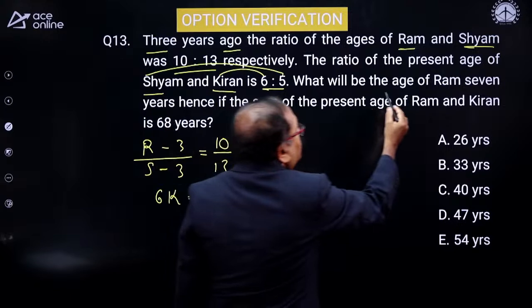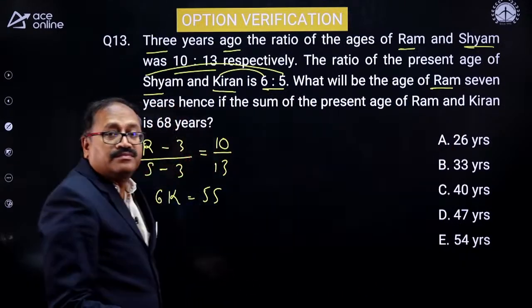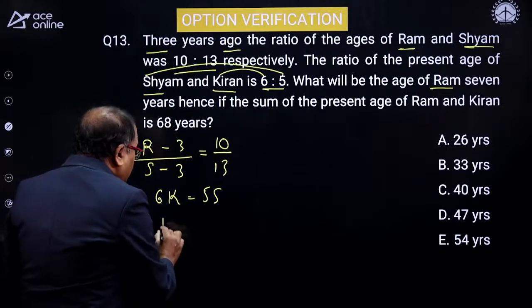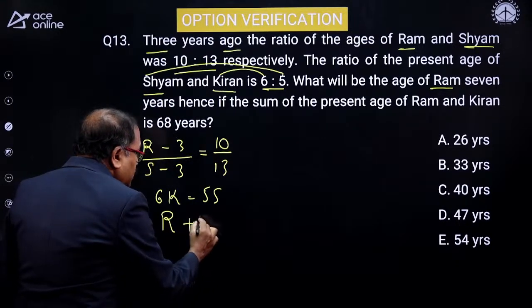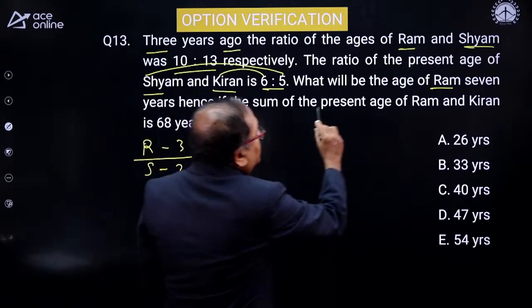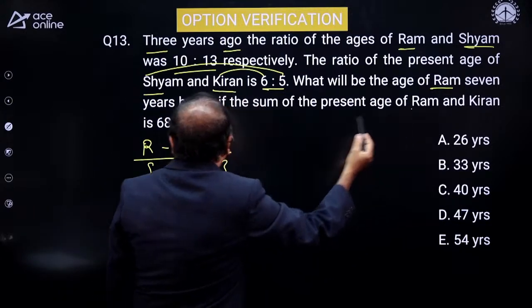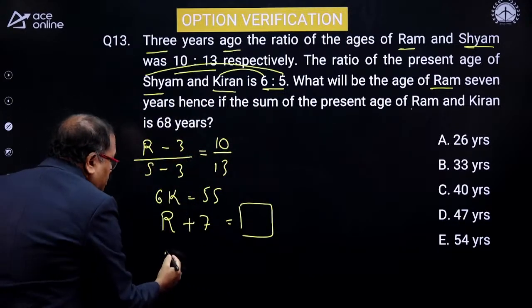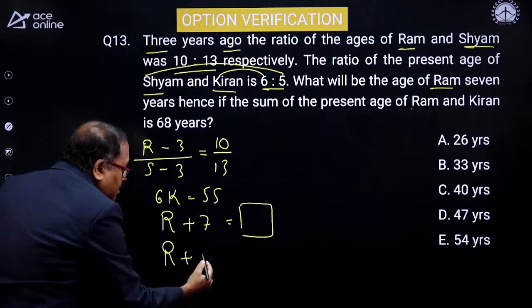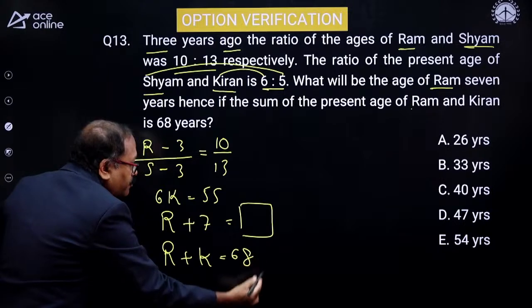Next one, what will be the age of Ram 7 years hence? Whereas the sum of the present ages of Ram and Kiran is 68. Ram plus Kiran is 68.